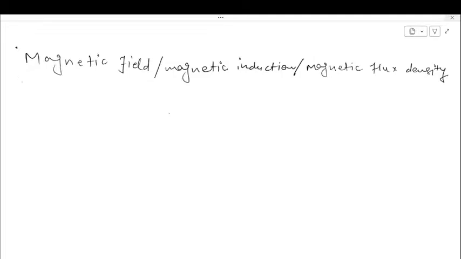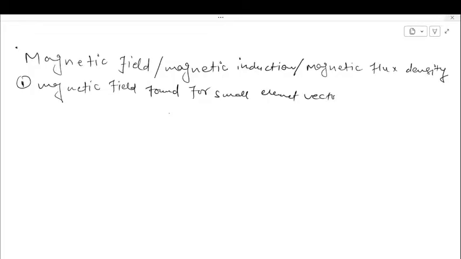First we find the magnetic field due to a small element vector.